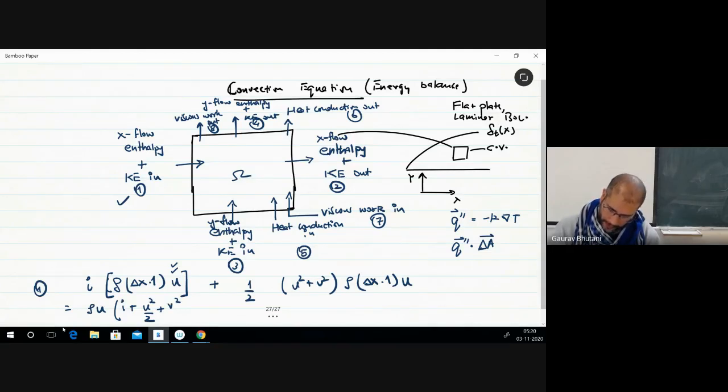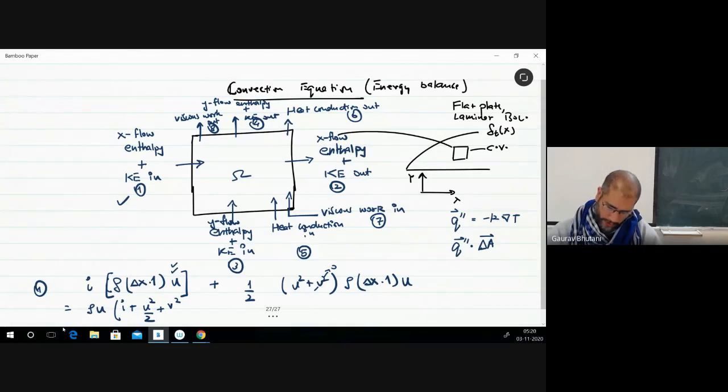In fact, this v is much smaller, so we can sort of neglect this as well, because in this particular problem, we know that inside the flat plate boundary layer, the way we have chosen the control volume, the flow is primarily in the x direction.